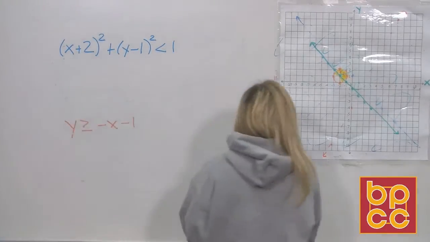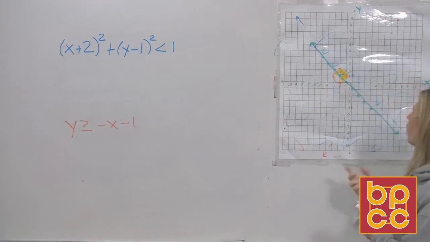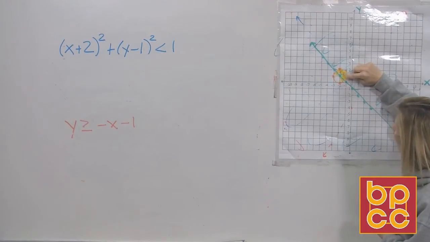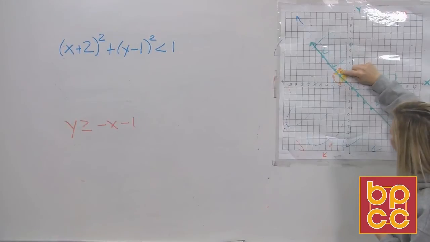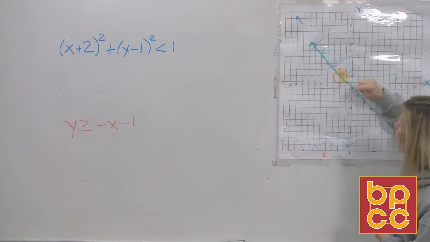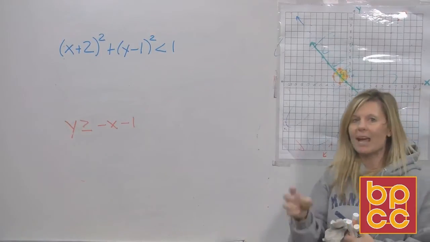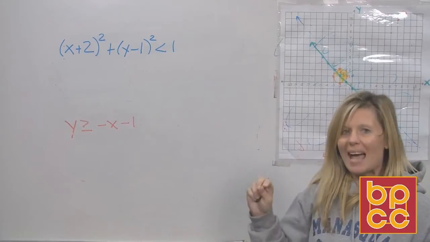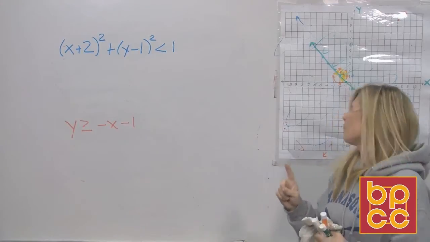Now, 9 times out of 10, when we check a point, it's inside where the shading is. Well, if you look inside here, it's very hard to find a point that's a whole number. Anything inside the yellow is not on a corner. So sometimes, if you can't find a point inside the shading, you have to look around the edges of the shading. But here's the problem.